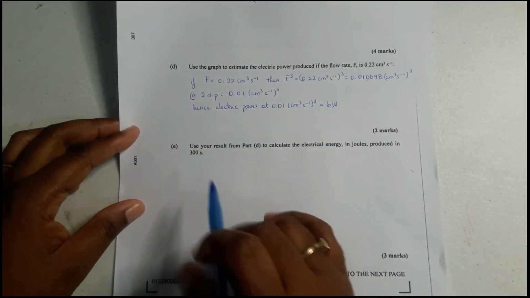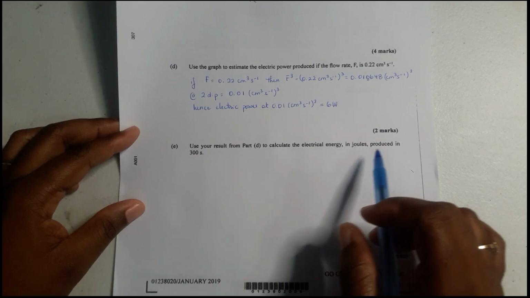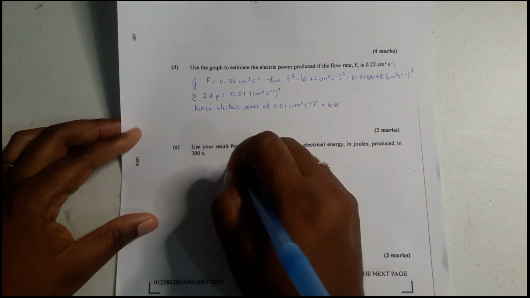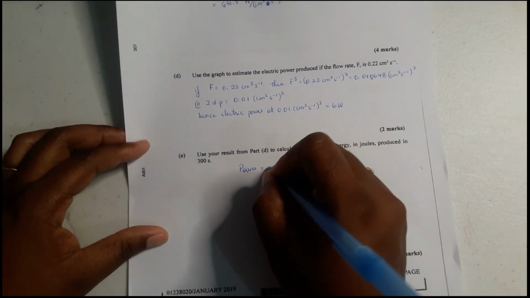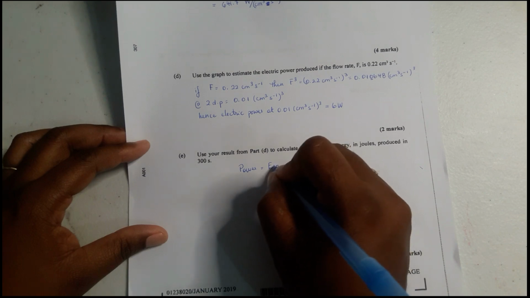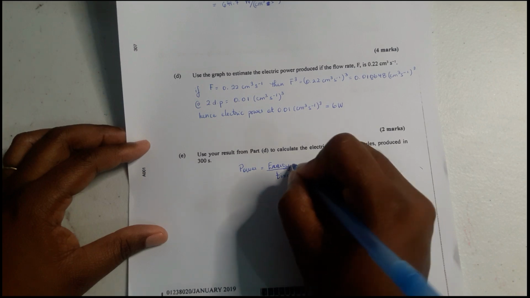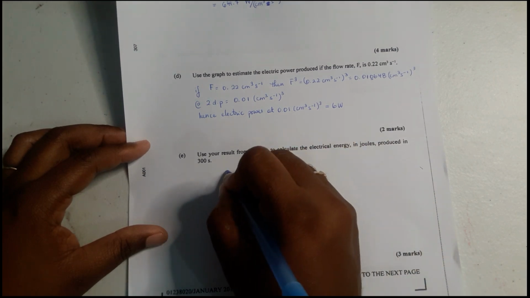Now we have this. The next question says, use your result from part D to calculate the electrical energy in joules produced in 300 seconds. So you just say, if power is equal to energy over time, and your energy here is in joules, and your time is in seconds, and of course the power is in watts, right?